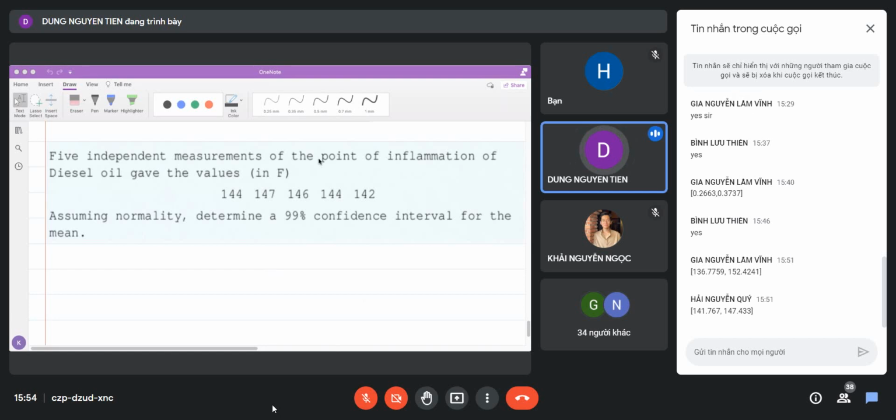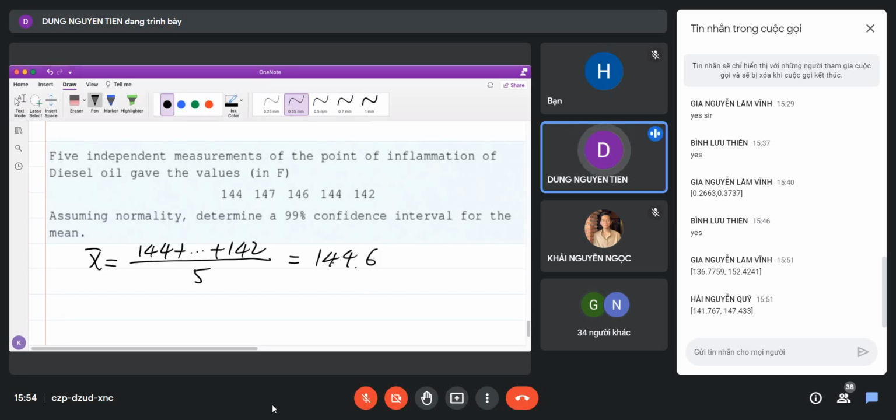You come up with the numbers. Let's say 144, 147, 146, 144, 142. And then you need to determine the sample mean x bar, which is 144 plus up to 142, all divided by 5, and you get 144.6. That is the sample mean. The sample variance, what is that?